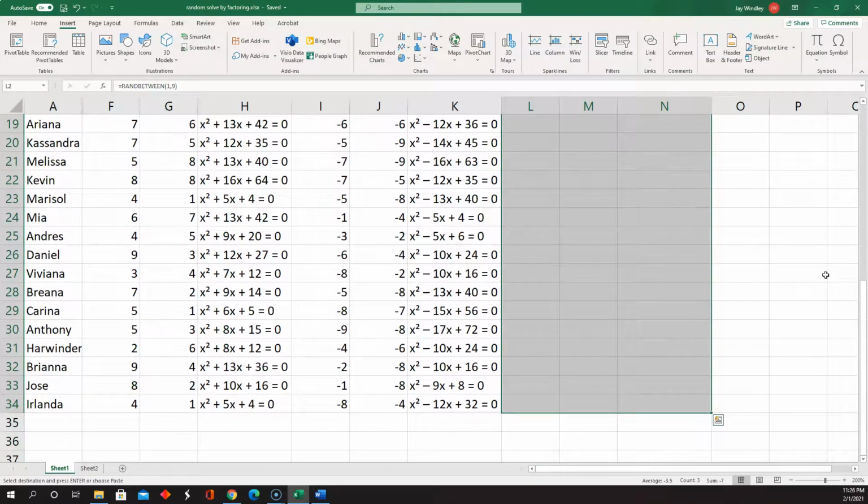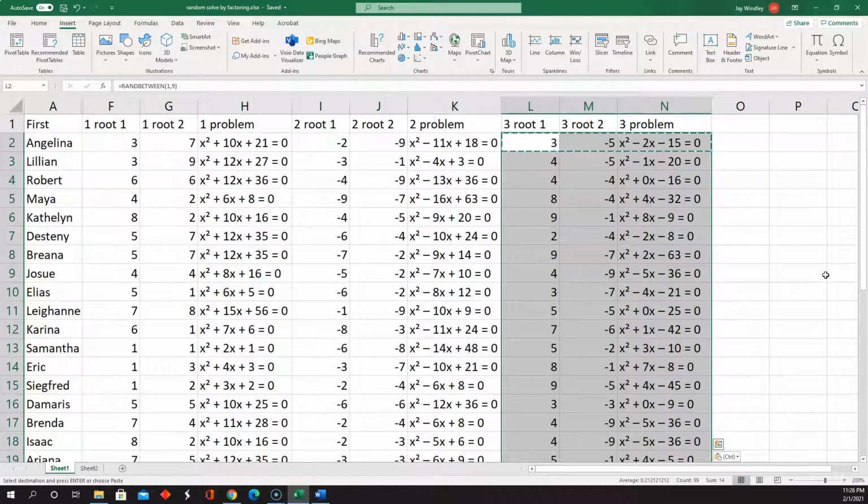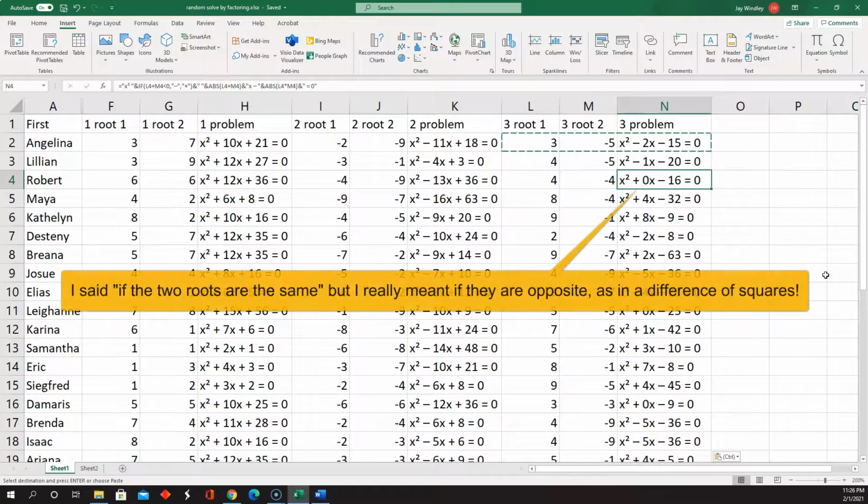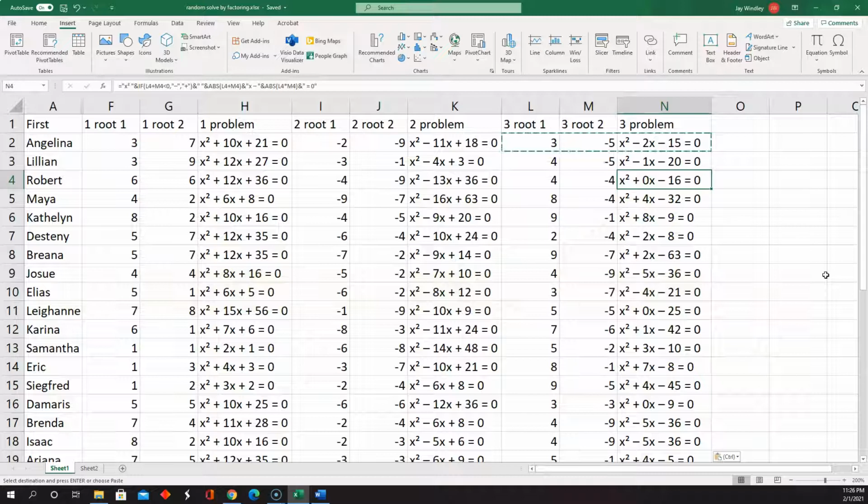There's just one small issue. The one small issue is, what do we do if this is a 0? So if the two roots are the same, then we don't want to print any of that stuff that's in the middle.